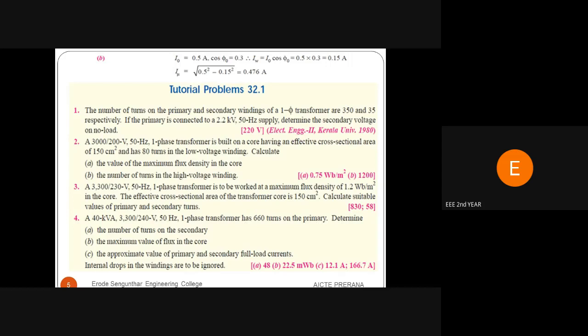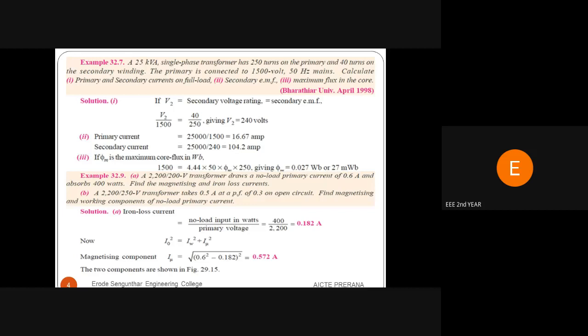Once the working component current is determined, we calculate the magnetizing current I mu, which equals the square root of I naught square minus IW square. You can easily determine the magnetizing current, 0.476 ampere. This is a simple problem, and we can easily calculate the IW and I mu values.